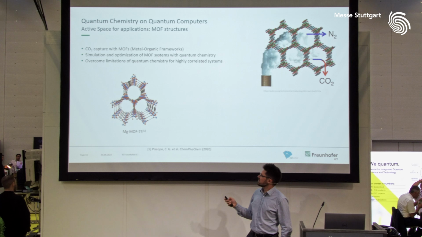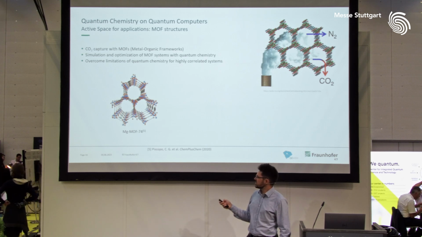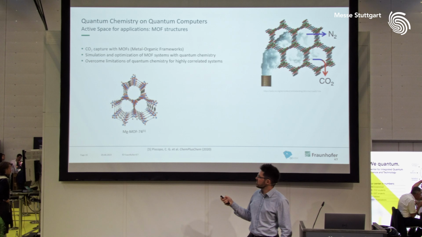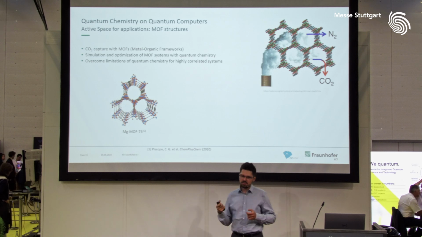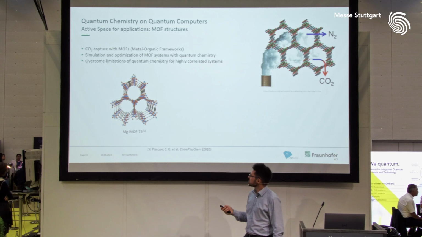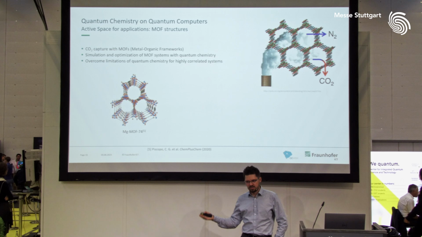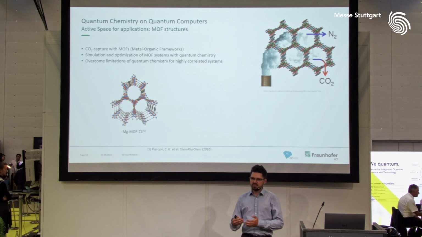Basically metal organic frameworks. Those are structures which have some metal centers and they are linked with some organic linkers, so just some carbon structures, and build large porous and periodic structures. These structures can then be used, for example, for CO2 capture or also to filter certain molecules out of some gases.